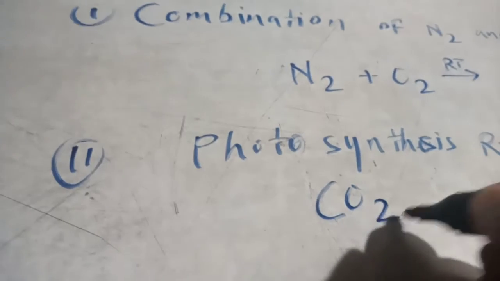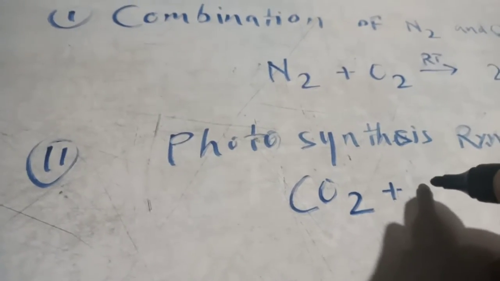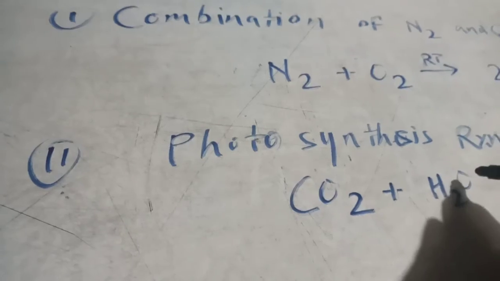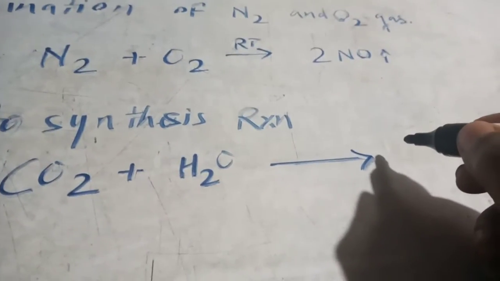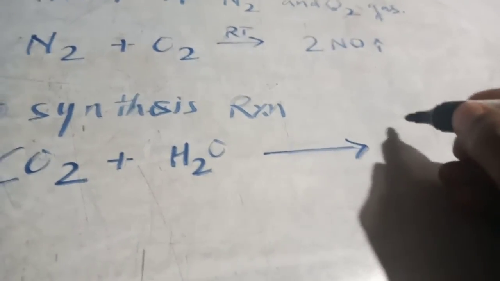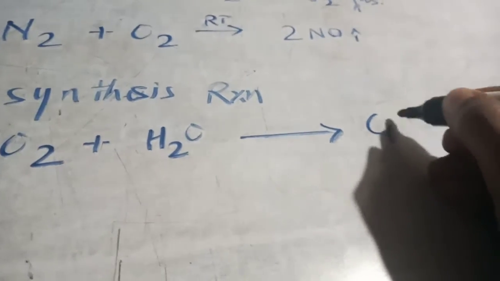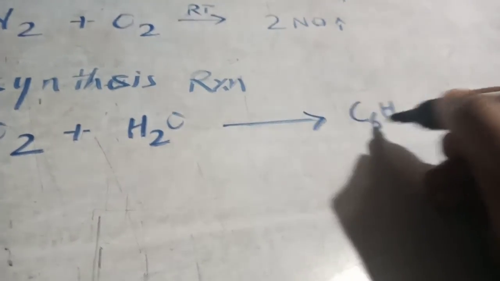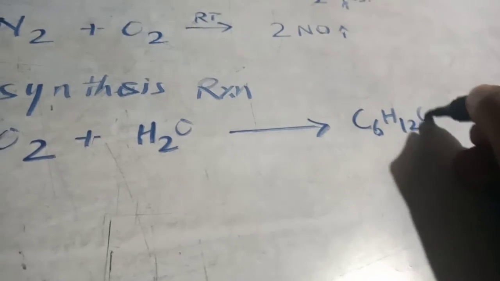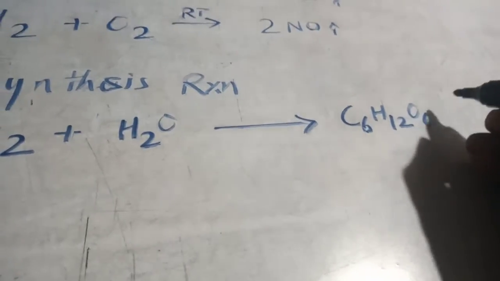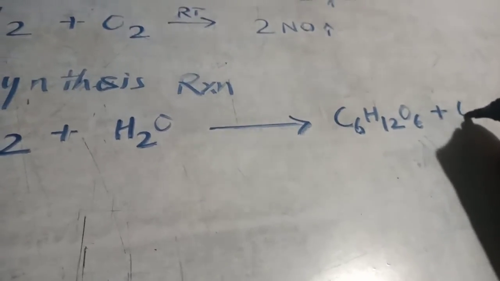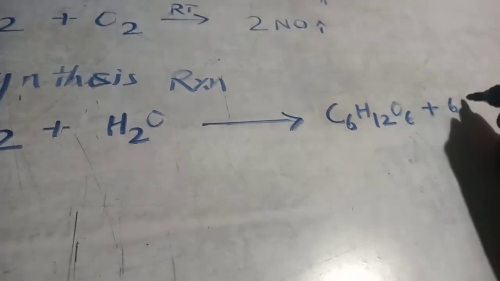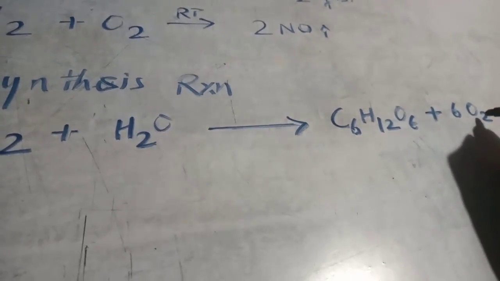That is carbon dioxide and H2O will give glucose, C6H12O6, and it will also form 6O2, oxygen.